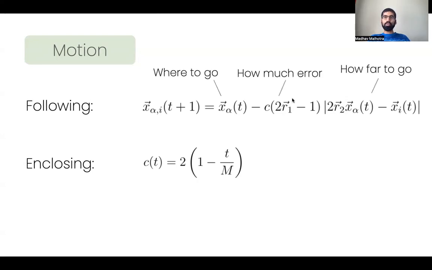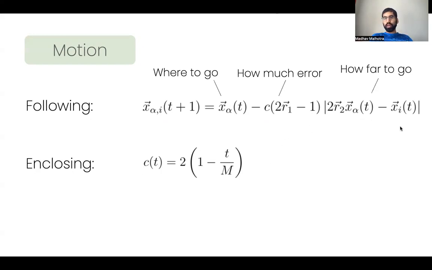Once we consider all of these terms, just a summary: the first term, the alpha, that's the target, that's where the ith wolf is trying to end up at. The second bit, this multiplication, it determines how much error there is in following that target. The wolves don't precisely get to the alpha until the end, where C becomes 0.